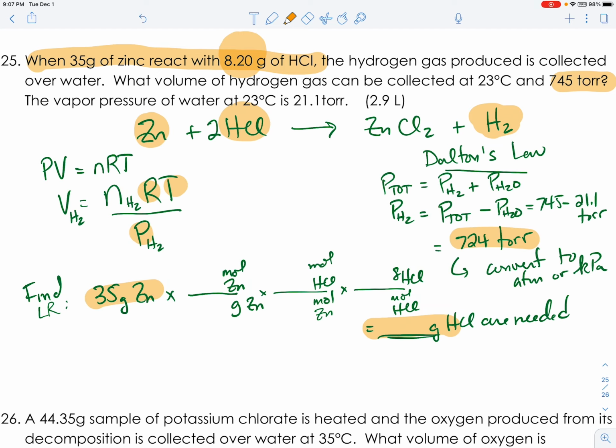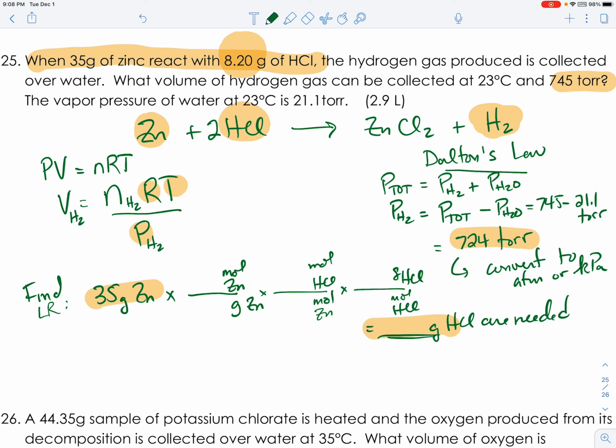So HCl would not be limiting. Suppose you calculated we would need 10 grams of HCl. Then up above you'd say, but we only have 8.2 grams. So HCl, we don't have enough. HCl would be limiting, right? So from that answer, you can figure out whether the HCl is limiting or whether the zinc is limiting.